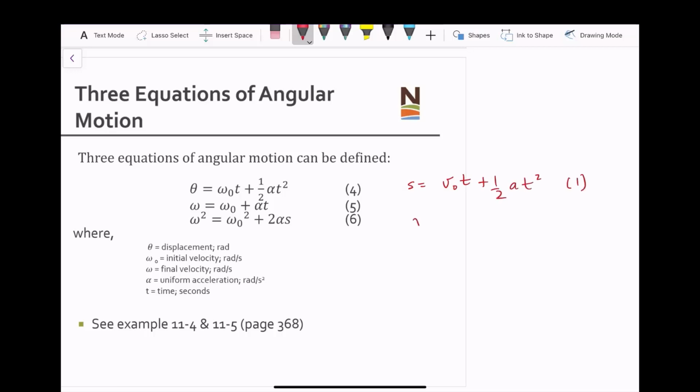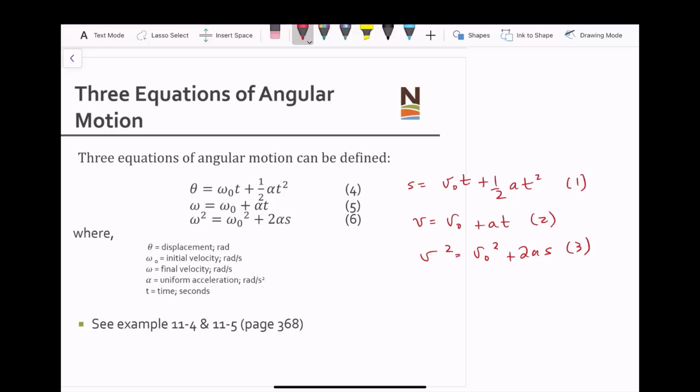Our equation 2 was v is equal to v naught plus at. And last, we have v squared equal to v naught squared plus 2as. There's equations 1, 2, 3 with the equivalents for angular motion, equations 4, 5, and 6.